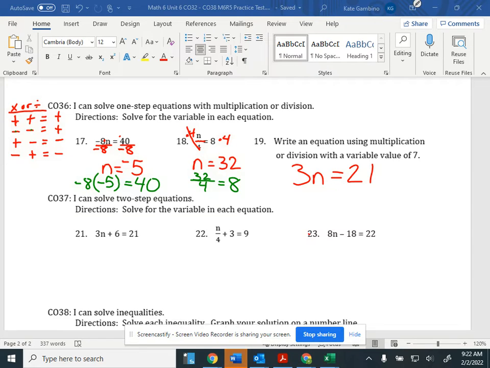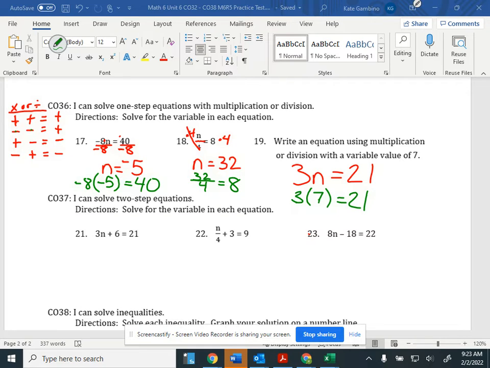So to check that, what I'm going to do when I grade your test is put a 7 in for n. 3 times 7 equals 21. Yep, that's right. Remember, you just do your multiplication or division problem using a 7, and then take the 7 out and put an x or an n, or whatever letter variable you want to use.